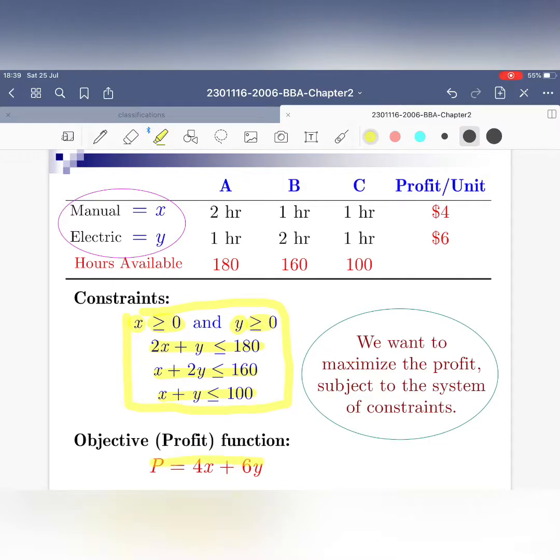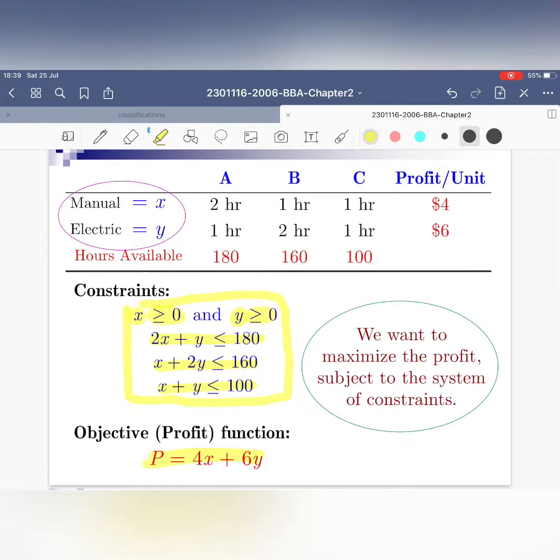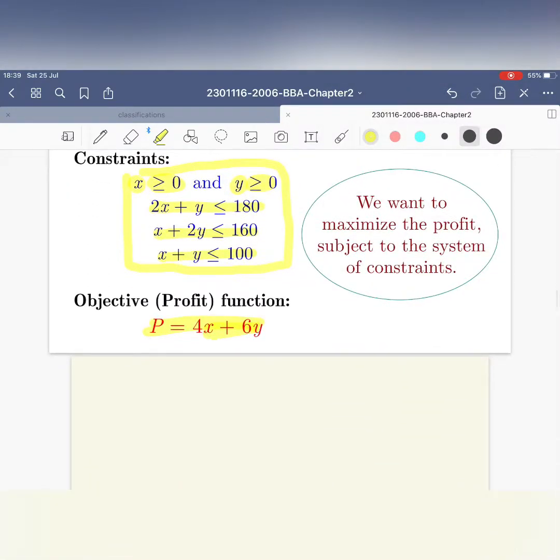The profit is 4x plus 6y, and you need to maximize your profit. So let us draw the region under consideration so that we know which points x and y to test for our maximum profit.